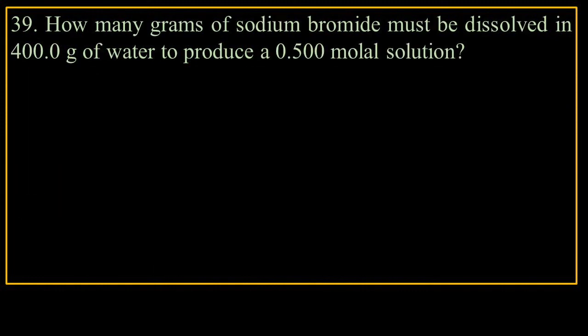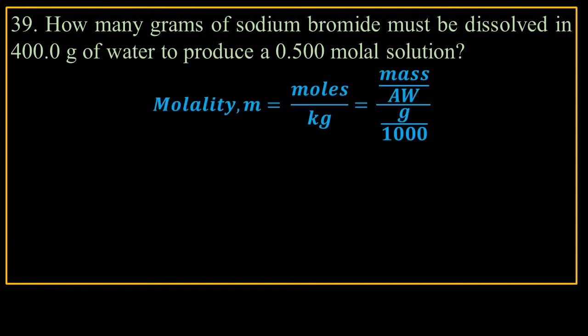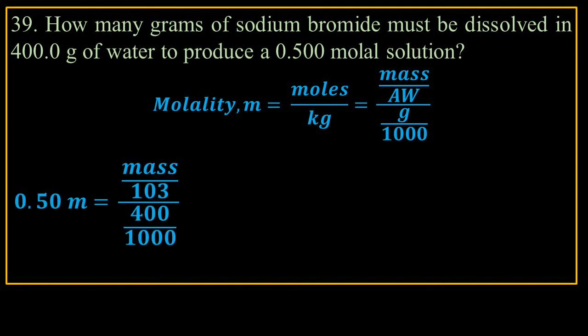How many grams of sodium bromide must dissolve in 400 grams of water to produce a 0.5 molal solution? All right, so now we're going back to simply a molal solution. So it's going to be 0.5 molal equals X grams over the molecular weight, over 0.4 kilograms.